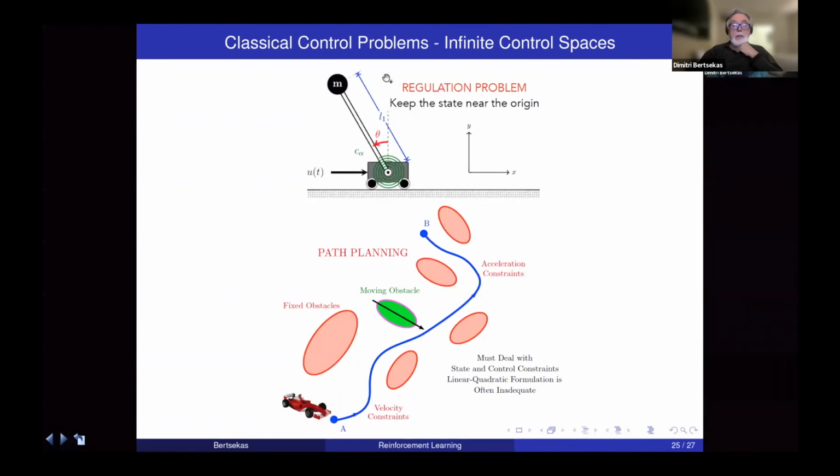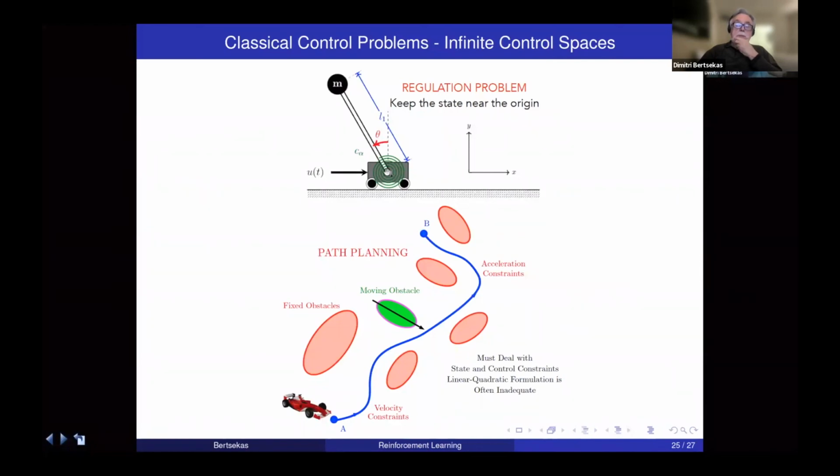So if the upright position corresponds to the origin, a zero of the problem, the control is the force that you apply on the car, and there are system equations that you can write, differential equations, and there's an interesting control problem.